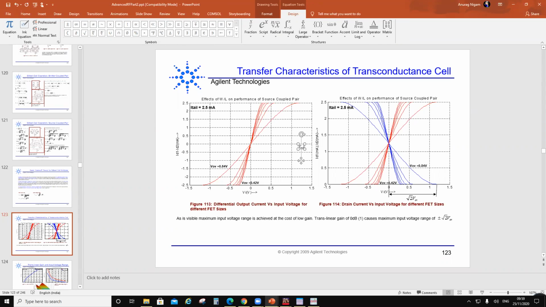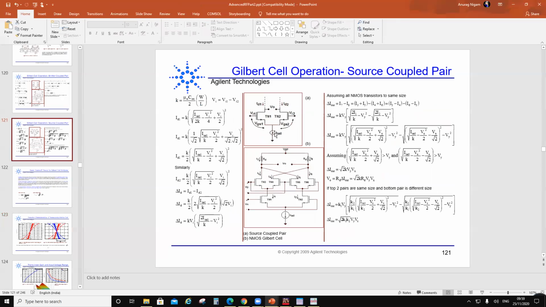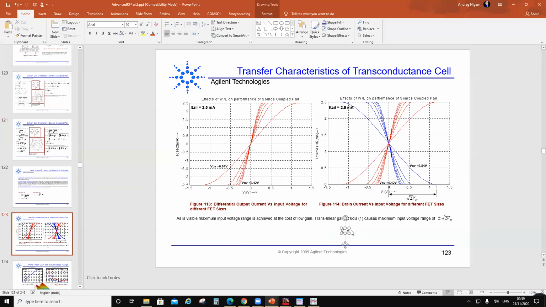V overdrive will be equal to twice the drain current, and twice the drain current is the tail current. If I assume this is the tail current under no signal, then ID1 equals ID2, which will be half of the tail current if there is no input signal. So twice of ID is again the tail current only.